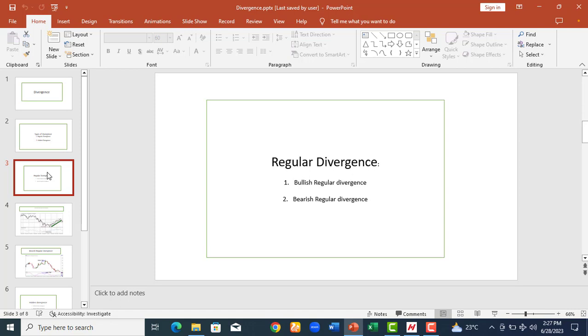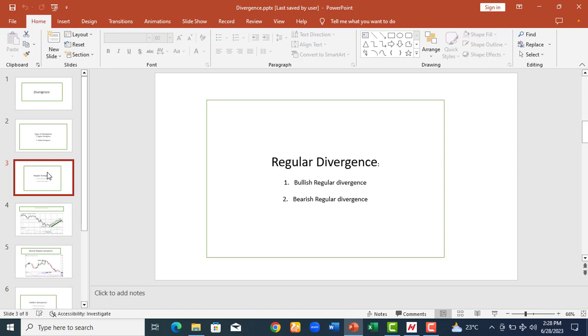It's nothing hard, it's nothing difficult. Bullish regular divergence tells you that this market has been selling and we will soon buy. Bearish regular divergence tells you that this market has been buying and we will soon sell.